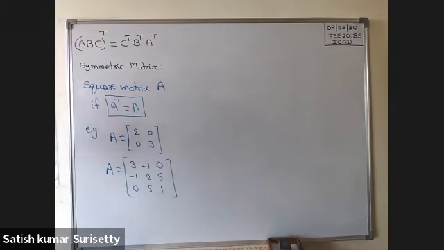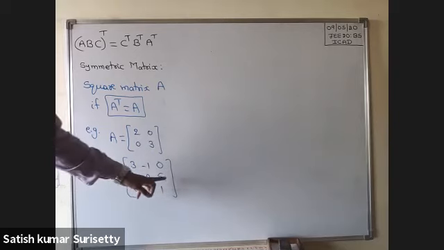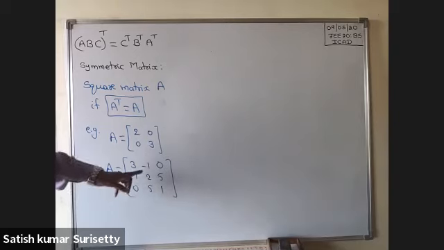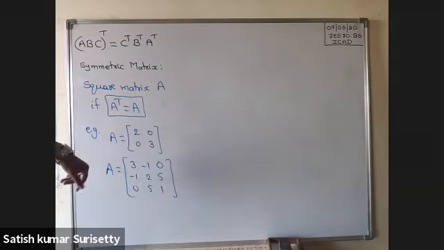Now check, is A transpose the same as A or not? Take a row and check with the column. 3 minus 1 0, minus 1 2 5, 0 5 1. That means A transpose equal to A.